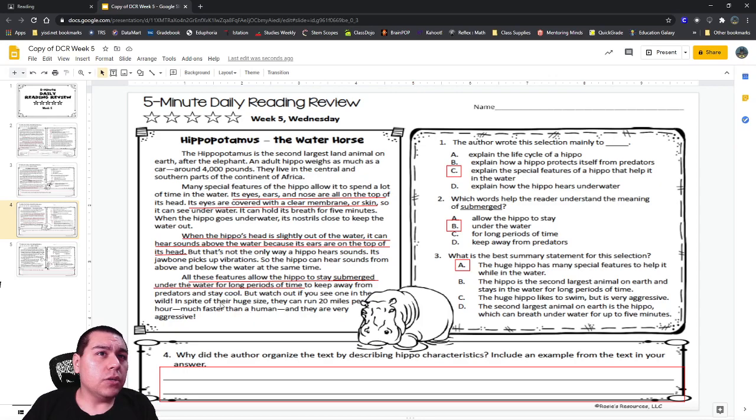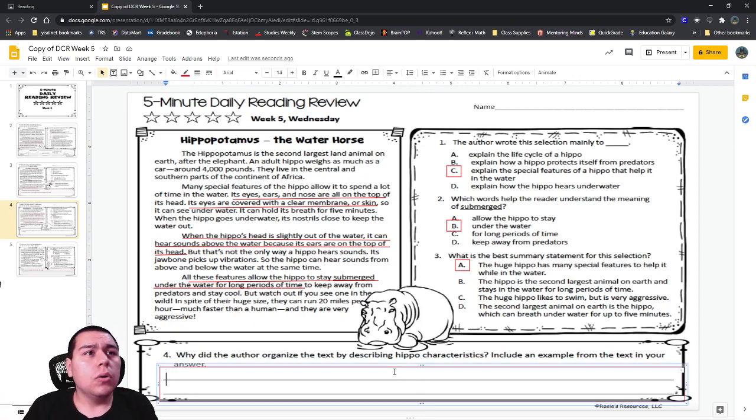And then at the end, they told us that all of those things help it to stay under the water. Why do you think the author organized it that way? Why do you think the author took turns talking about the hippo's eyes, and then their nose, and then their ears? Why did the author choose to write about them one by one?